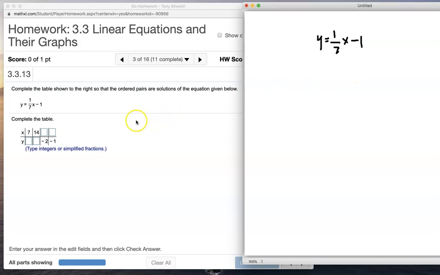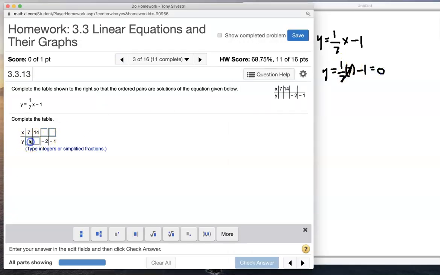Now, let's see. Notice what they're doing here for x. They're making sure x is a multiple of 7 because when x is 7, I calculate the corresponding y. See, when x is 7, the 7's cancel, leaves you with 1 minus 1 is 0. So I'm going to put a 0 there.